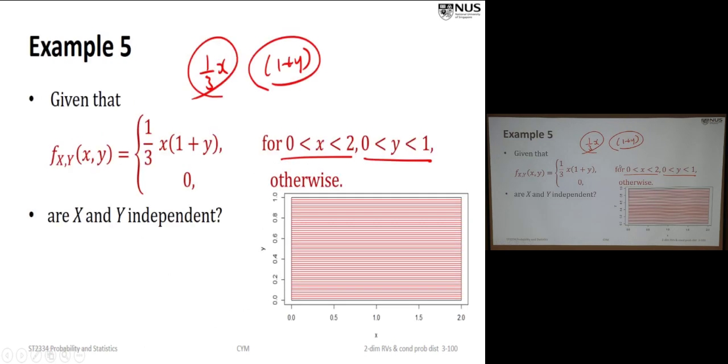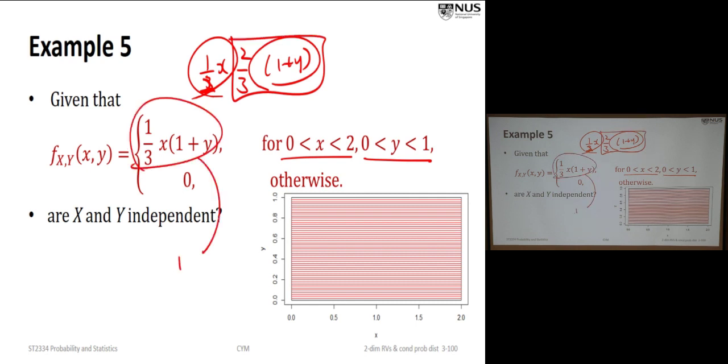Unfortunately, this is not half of x. It's okay, you want half of x? Okay, half of x. Then in order to get 3 over 2, I rewrite it as the product of 1/2 x and 2 over 3, 1 plus y.